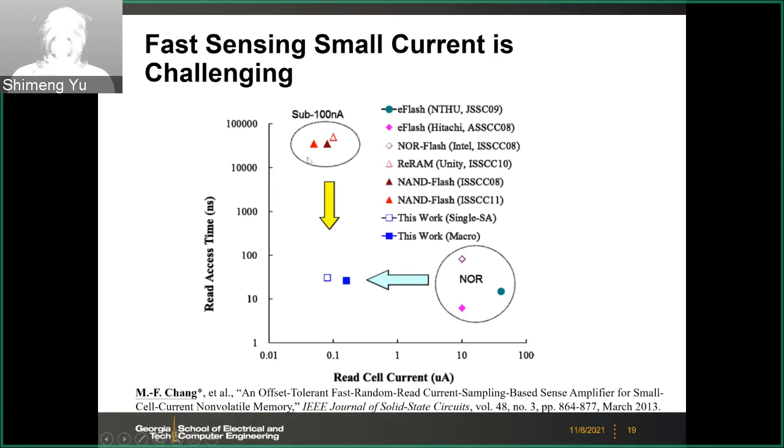NAND flash has a string of those transistors, and the current is very small, typically hundreds of nanoamps. That's why NOR flash you can sense in tens of nanoseconds, and NAND flash you have to sense in tens of microseconds.